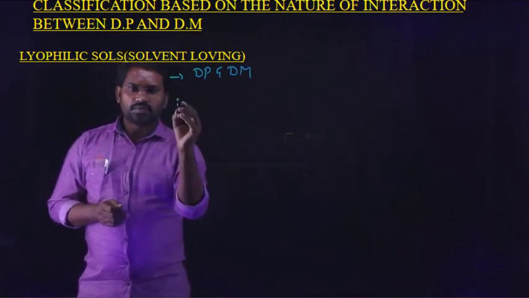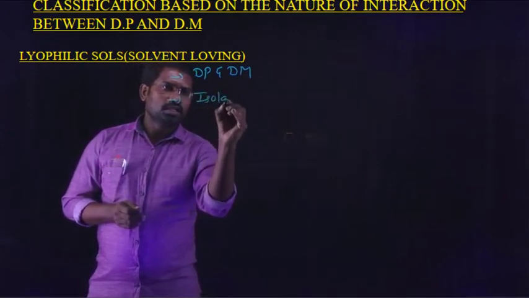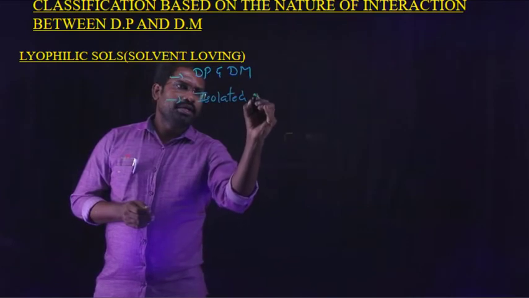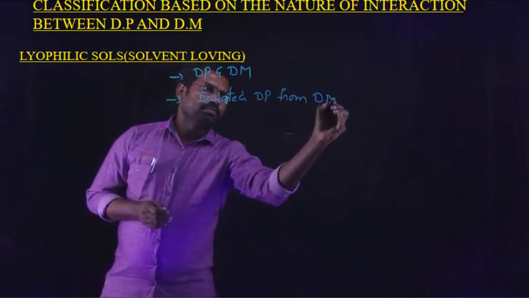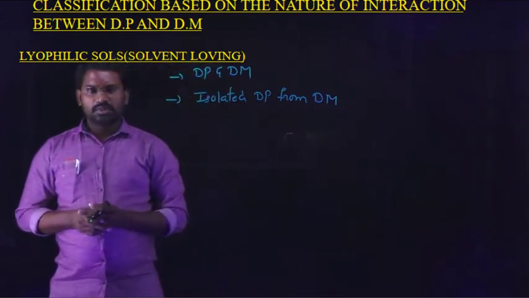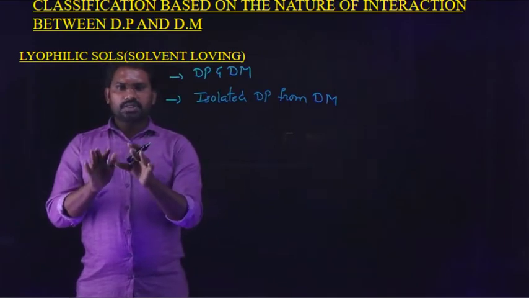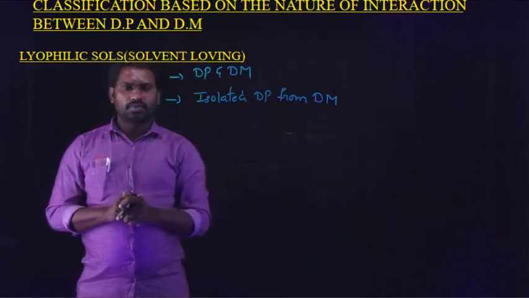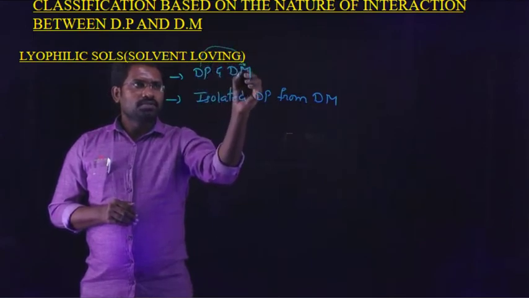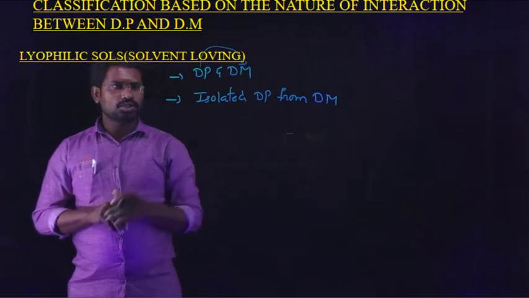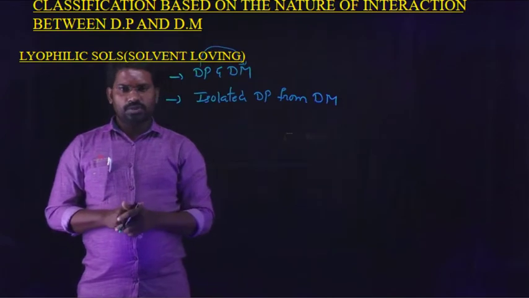In this type of lyophilic sols, we can easily isolate the dispersive phase from the dispersion medium by simple mixing. Generally, the particles of the substance can easily mix with the dispersion medium. Based on this point, we can easily isolate the dispersive phase from the dispersion medium.